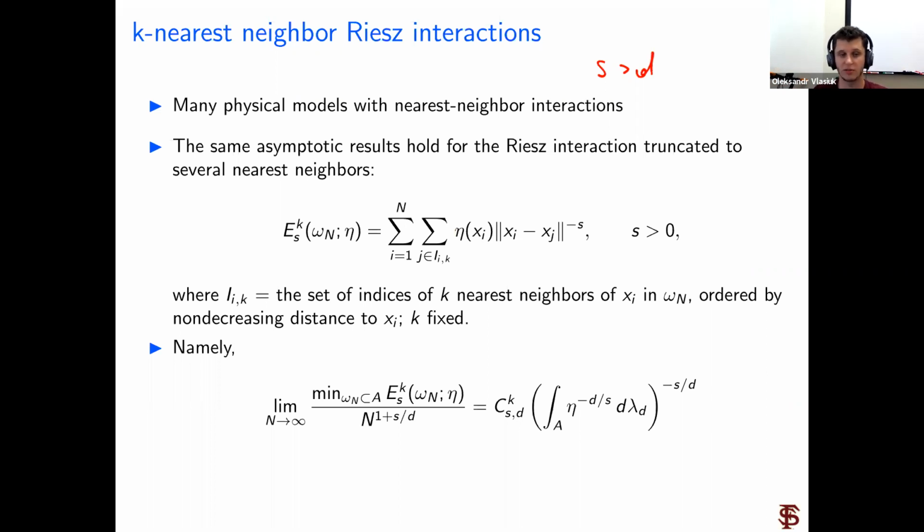Let's just look at several nearest neighbors. And we realized that the same asymptotic results hold, meaning the same results as in the case s bigger than d, except that now, because you truncate to the nearest neighbors, you don't care what s is. It just has to be positive. Actually, it doesn't even have to be positive, but that's a slightly longer story. So if you do the truncation to several nearest neighbors, you have the same asymptotic rate, except that now s is not necessarily bigger than d, just anything, and you get the same expression and so on.